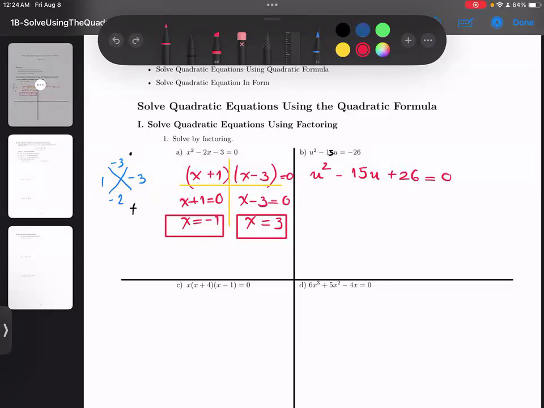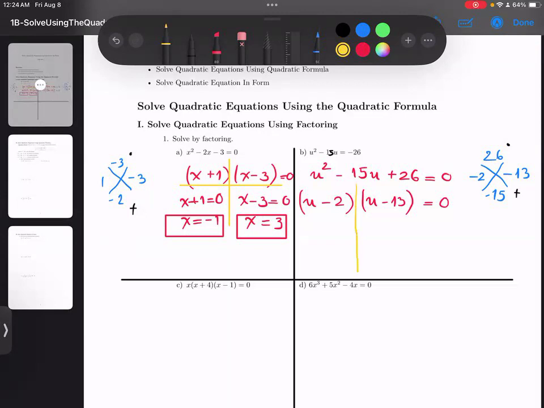Two numbers multiply to 26 and add to -15. -2 and -13. So this is u minus 2 times u minus 13 equals 0.